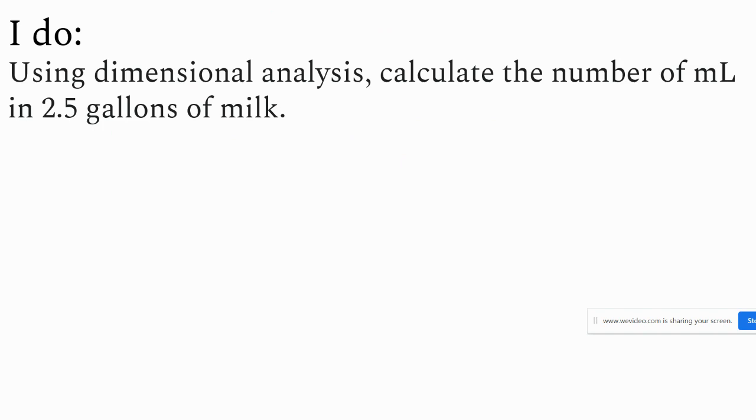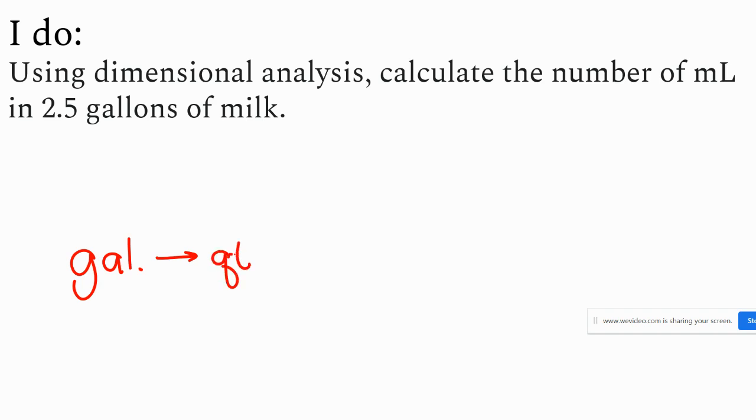So we're doing milliliters in gallons of milk. And you had conversion factors at the beginning. You had gallons. What am I going to take my gallons into? I draw my path here. Quarts, right?